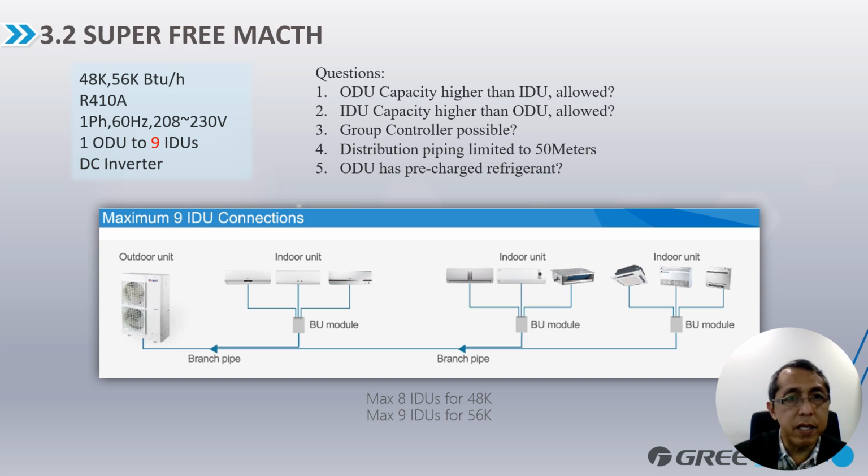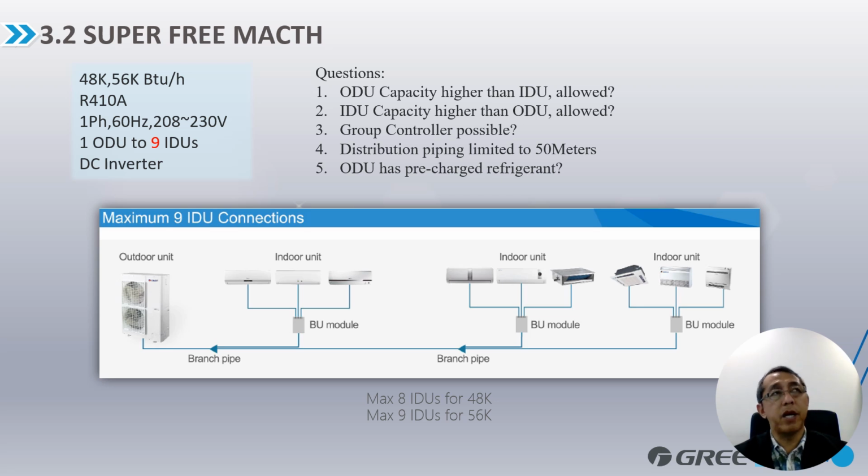For the super pre-match, some trivia questions: is outdoor unit capacity higher than indoor unit allowed? Yes. Is indoor unit capacity higher than outdoor unit allowed? No. Group controller? Yes, possible. Distribution piping limited to 50 meters.